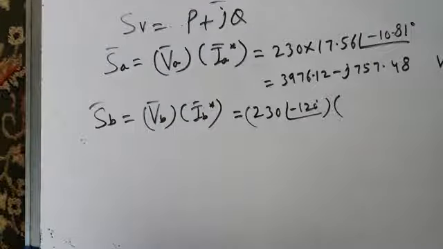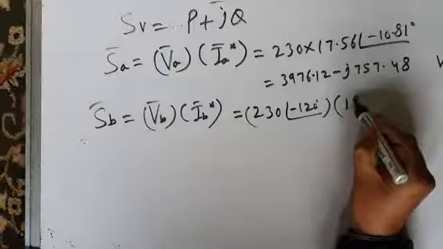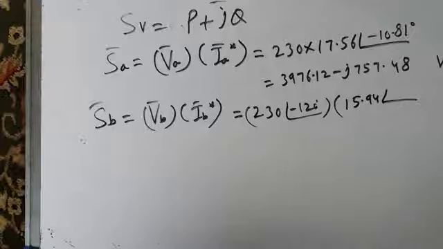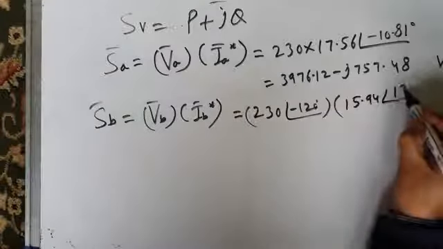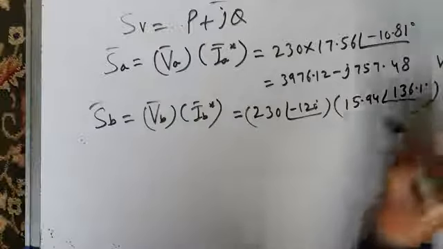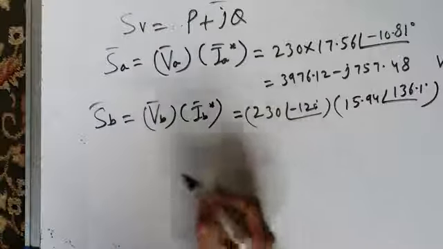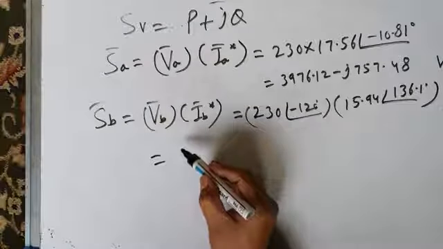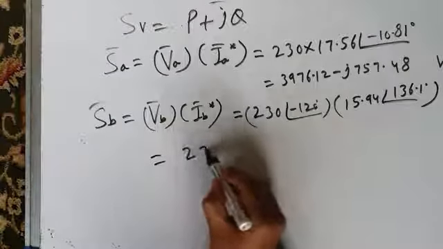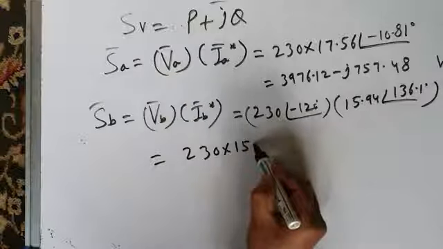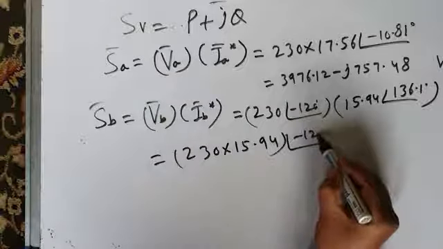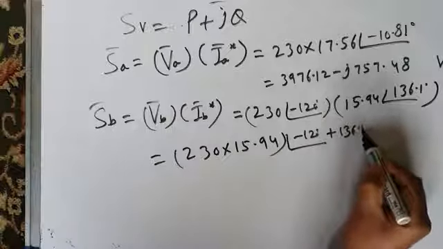IB was 15.94 at an angle of minus 136.1, so it will be plus 136.1 degrees because we have the complex conjugate. So that will be equal to 230 into 15.94 at an angle of minus 120 degrees plus 136.1 degrees.